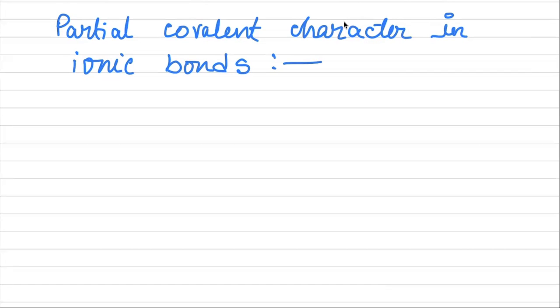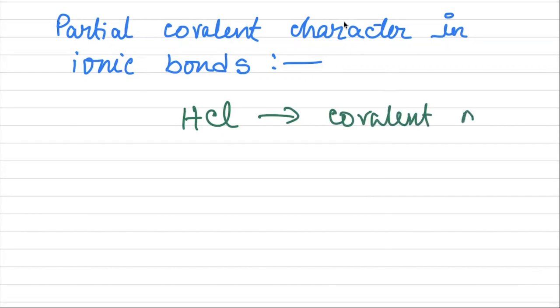And in most cases, heteronuclear molecules have intermediate character. Suppose I consider HCl. HCl is basically a covalent molecule, but it has a permanent dipole, we know that.